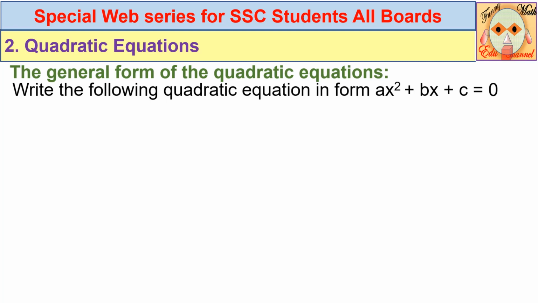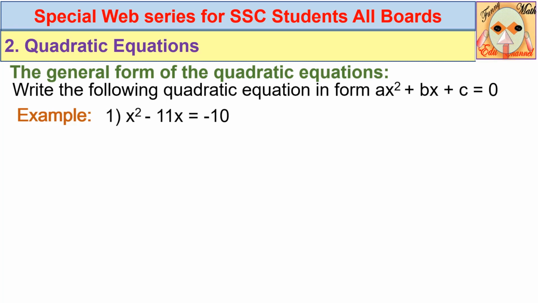Now let us see the general form of the quadratic equation, how to use that. Write the following quadratic equations in the form ax square plus bx plus c equal to 0. This question is very important. Let's see the first example. x square minus 11x equal to minus 10. This example we have to write in the form ax square plus bx plus c equal to 0. For that there is a need to shift this term to the left of the equal sign.